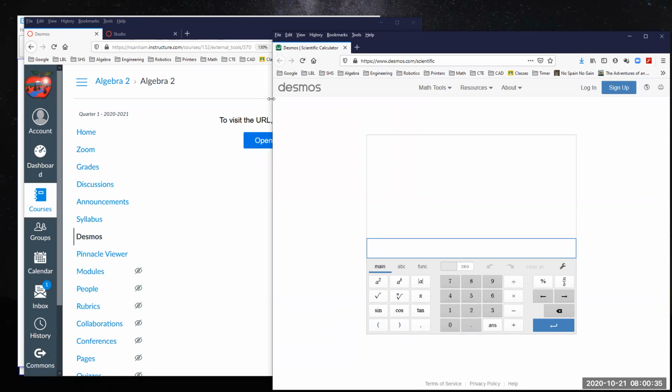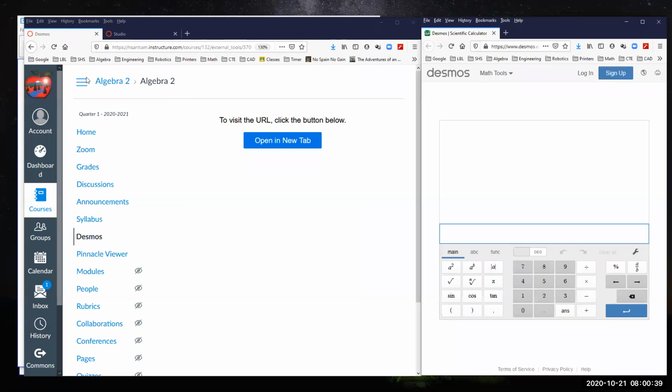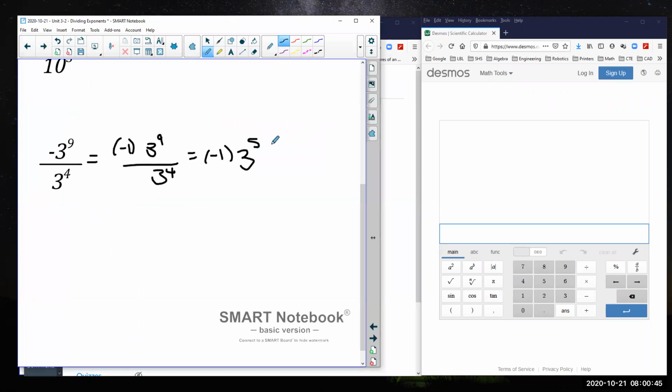I'm going to put that in a separate window so I can easily switch back and forth here. And go back to my example. And so I'm looking for 3 to the 5th power. So in Desmos, I'm just going to go 3, and then this exponent key here, and then 5th power. Okay, so 243. So this is going to be 243.